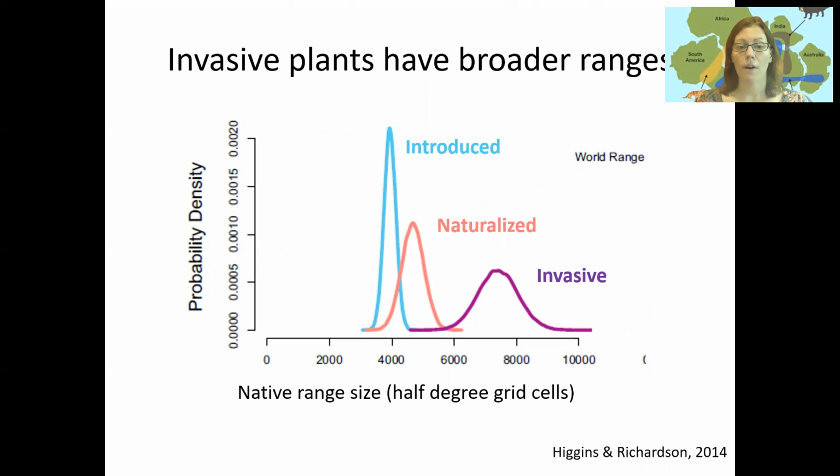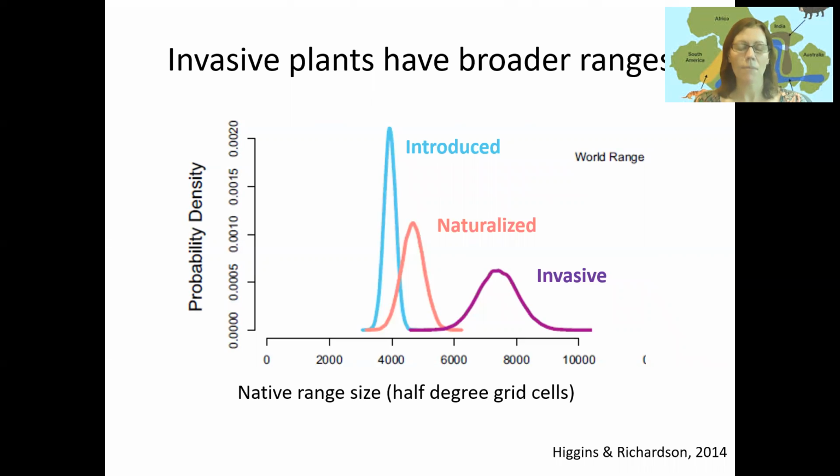There are lots of different species in both of those genera. So some of those species have been introduced to a new range, but they didn't successfully naturalize. They made it there, they might still be in cultivation, but they don't have established populations.